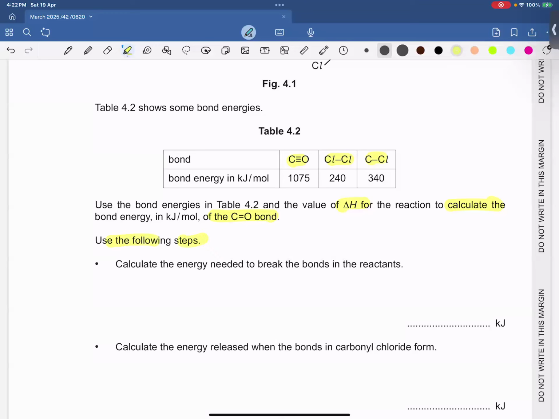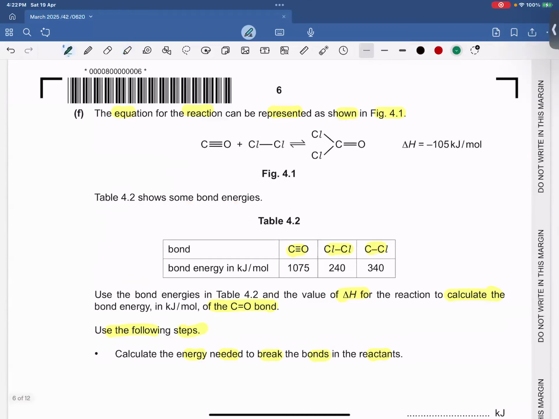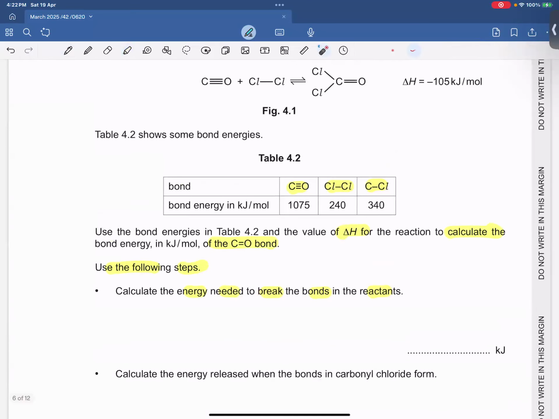Use the following steps. Calculate the energy needed to break all the bonds in the reactants. So that's easy. For the energy to break the bonds, we need to check the reactants. In reactants, we have carbon monoxide, which contains a triple bond. Its bond energy value is 1075.